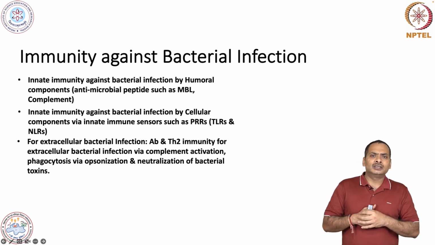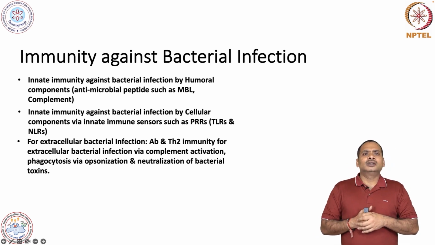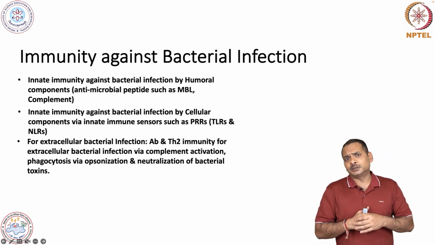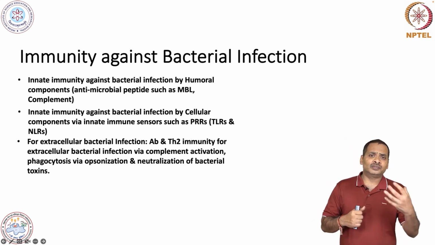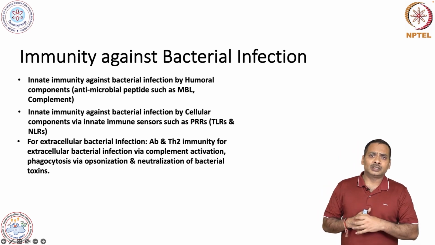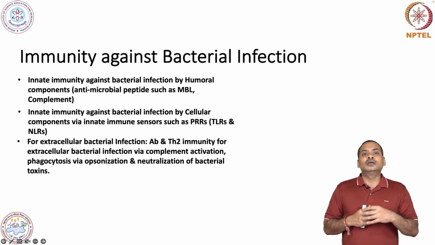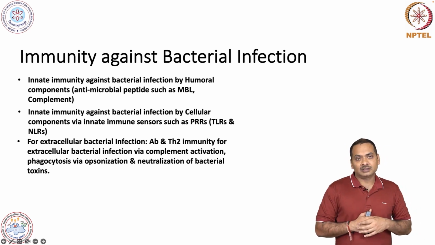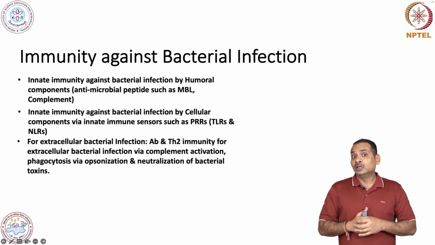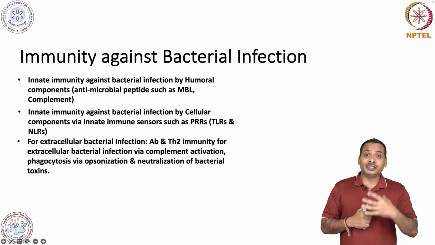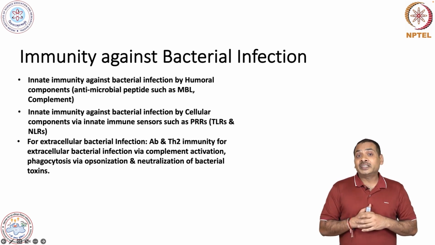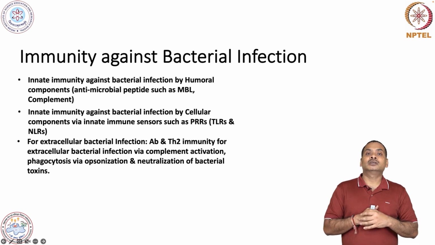Another is T cells. Mainly Th cells play a very important role in defense against bacteria, okay. For example, Th1 cells play a very important role in intracellular bacterial infection, for example, Mycobacterium tuberculosis.